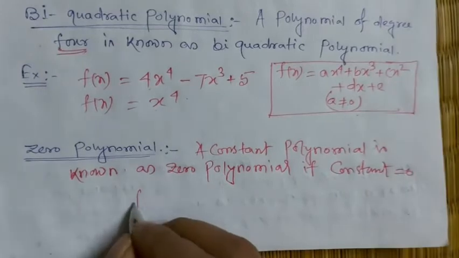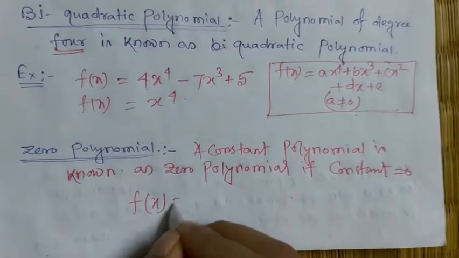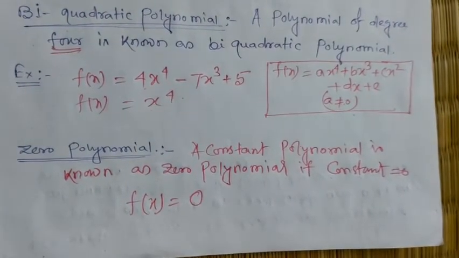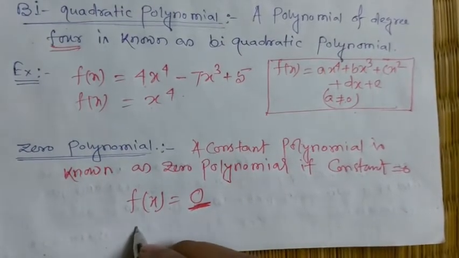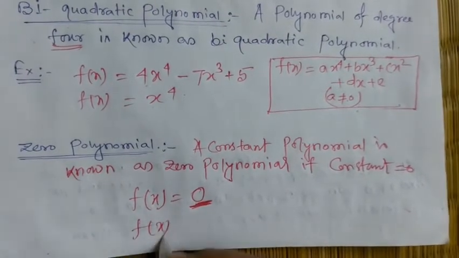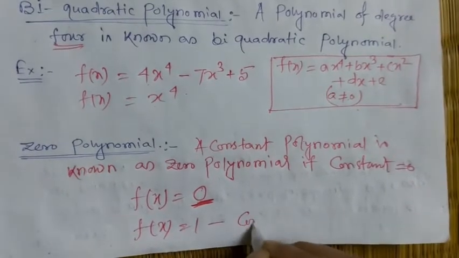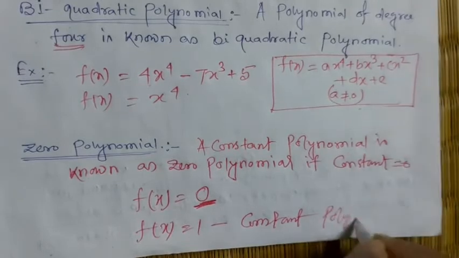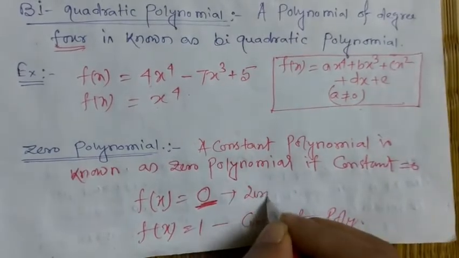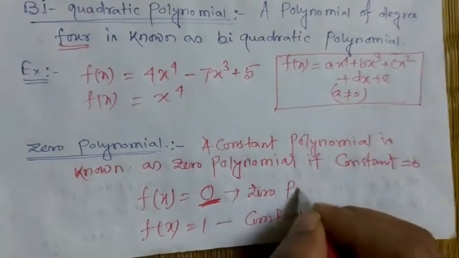That means if f(x) equals 0, only 0, then this is the zero polynomial. If f(x) equals 1, then this is a constant polynomial, but the zero polynomial is a special type of polynomial.